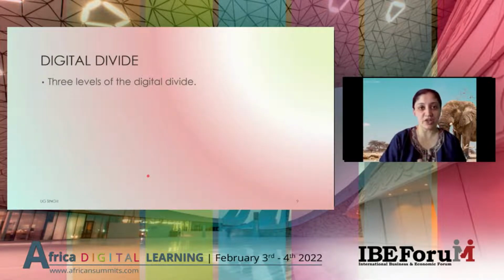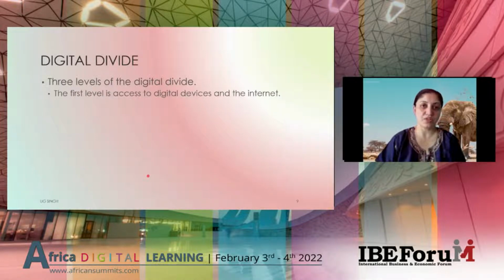The second part of my presentation is now going to focus on the digital divide and the understanding of the digital divide amongst a set of students at two institutions, one in South Africa and one in Zimbabwe. I'm going to share the results of that just for us to understand the digital divide associated with students' transition to the online environment. But before we move on to the results, we need to understand what the digital divide is.